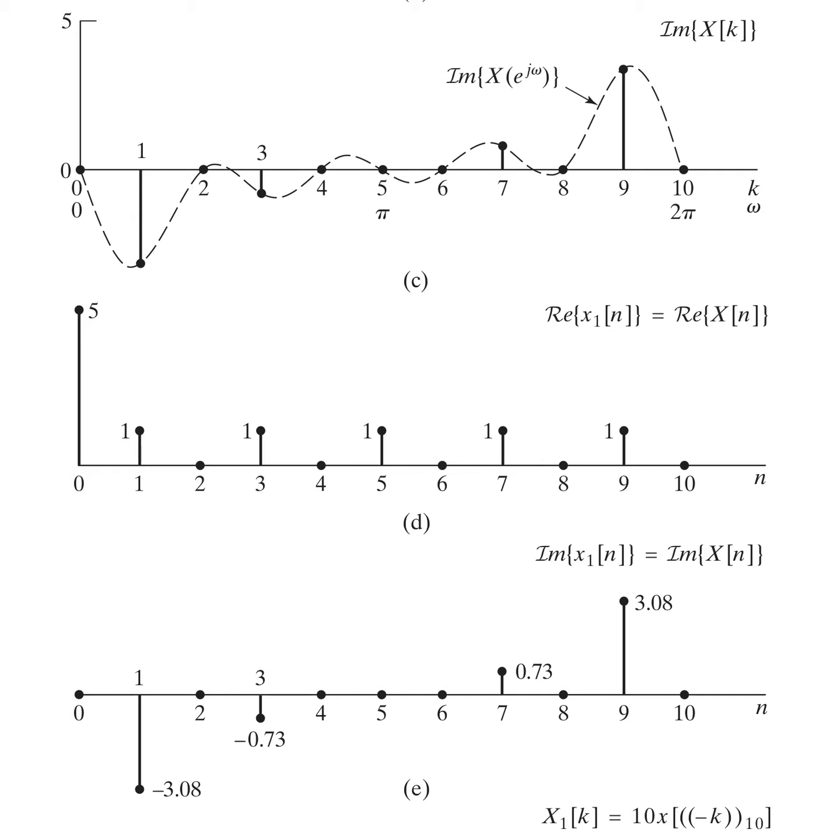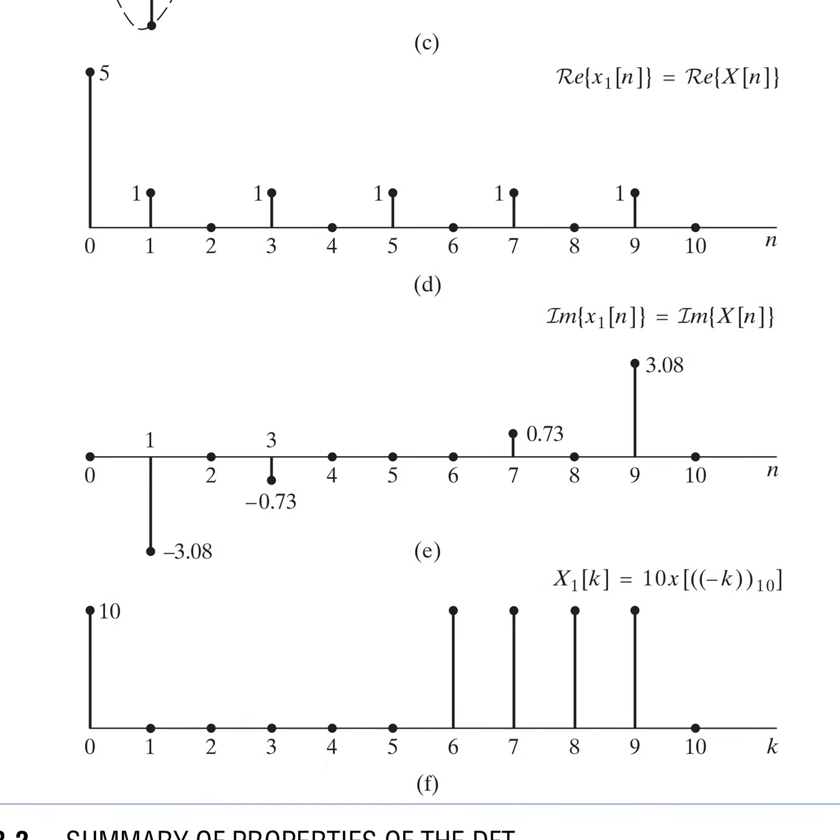Now, following the duality relationship we have just seen, the 10-point DFT of the complex valued sequence x of n is the sequence shown here. So this is the formula. If you recall, it would be N x of (minus k modulo N), and now here N is 10.